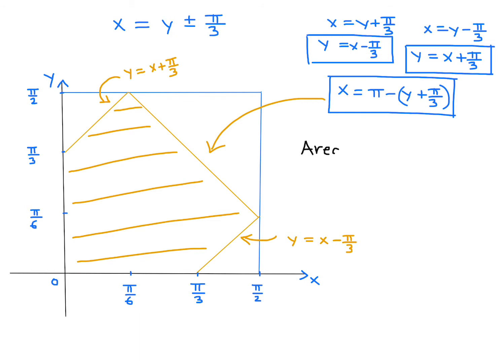So our area looks like the area of the whole square, which looks like pi over 2 squared. And then we'll subtract from it this triangle right here. And that looks like 1/2 base times height, which is pi over 6 times pi over 6.